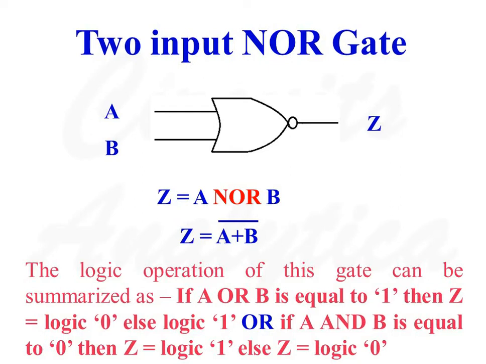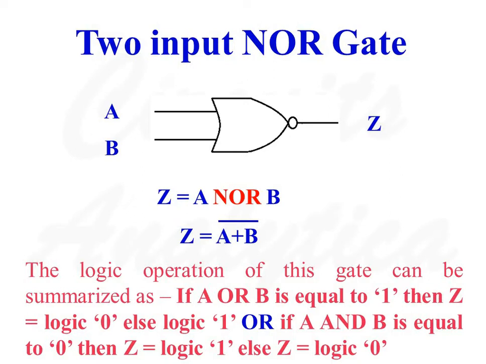So the logic relation between output and inputs is Z is equal to A NOR B, or as an equation we can write Z is equal to the complement of A or B. The logic operation of this gate can be summarized as: if A or B is equal to logic 1, then Z is equal to logic 0, else Z is equal to logic 1.